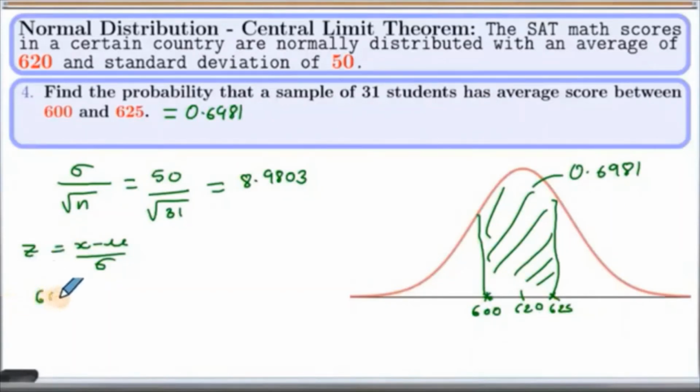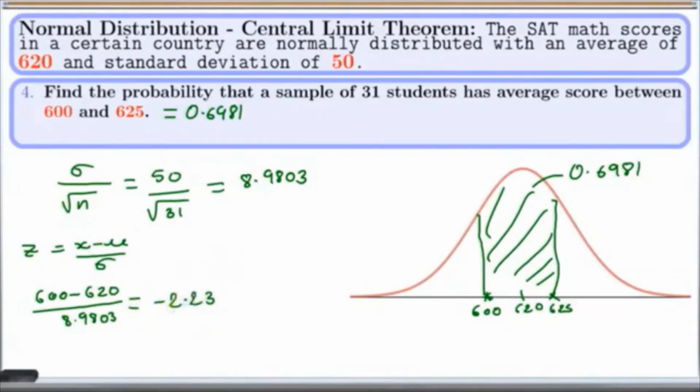So x is 600, our mean is 620, and our standard deviation is 8.9803. So when we do this math, we get negative 2.23.